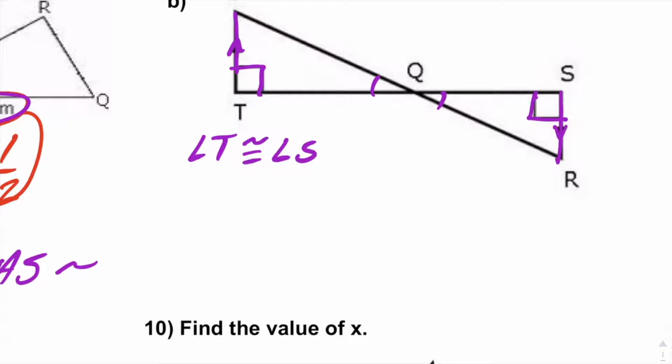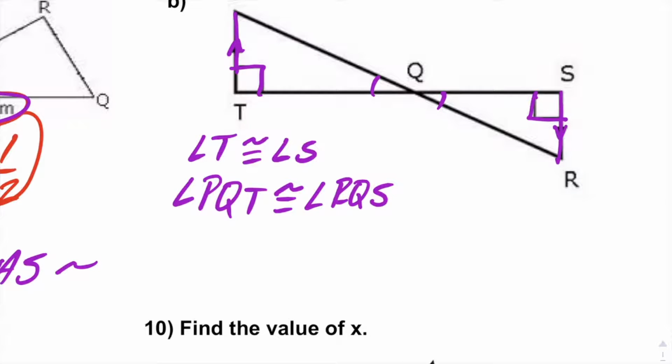So we can do something like angle PQT is congruent to angle RQS. So this angle is congruent to this angle. That's basically what I said here in this statement.